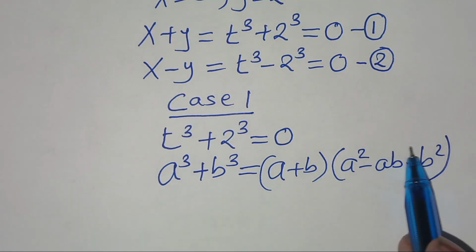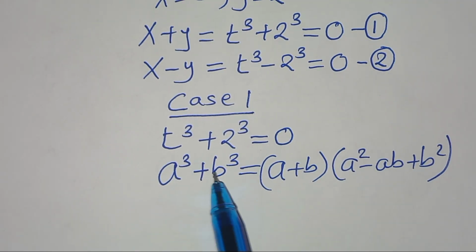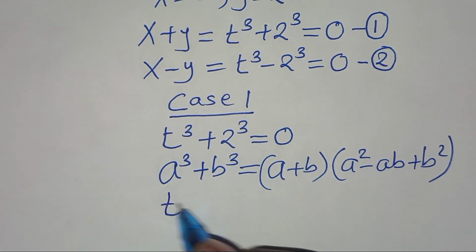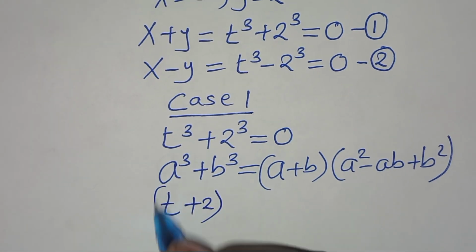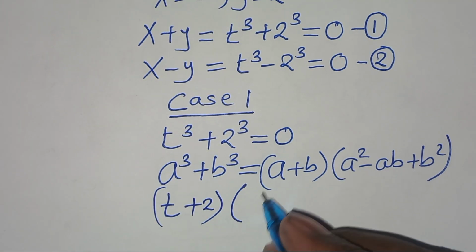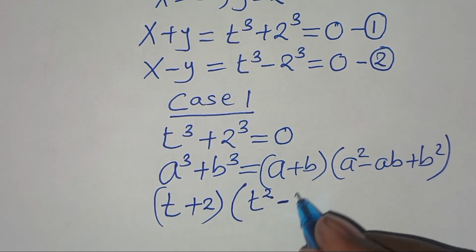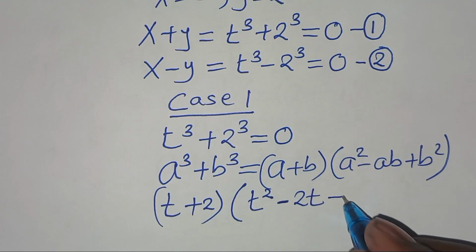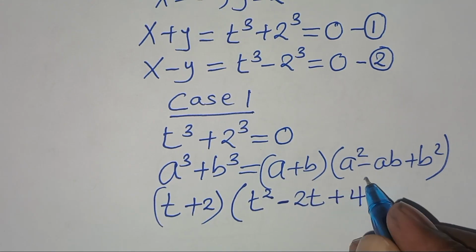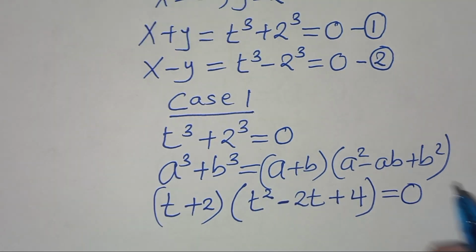Now, applying this property, we'll have here t plus 2. Then here in the parentheses, we'll have t squared, subtract 2 times t, which is 2t, then plus 2 squared, which is 4. This is equal to 0.